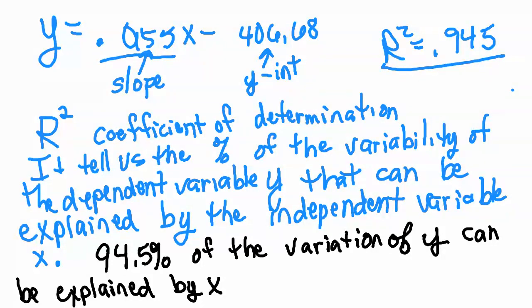In this example I did, x was the date. So as time increases, y is going to also increase. Y was this consumer price index.